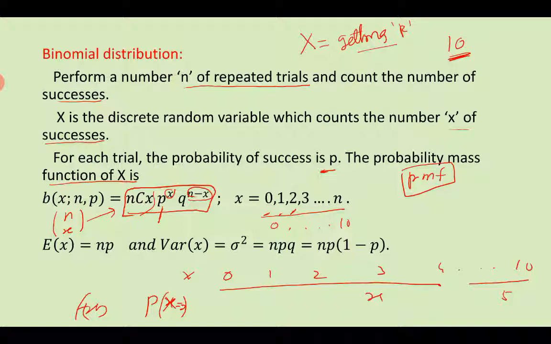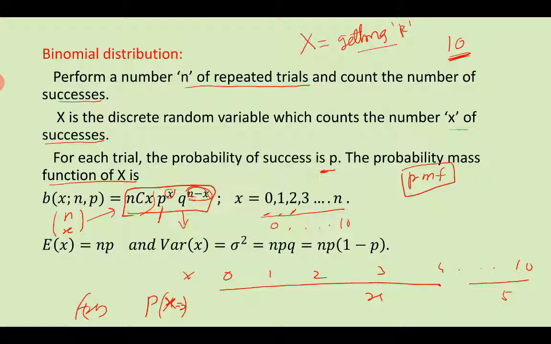So whatever this n minus x will be, failure. If x, the number of successes, is known, then the remaining will be failures, whatever the number. So q stands for the probability of failure, and n minus x is the number of failures.